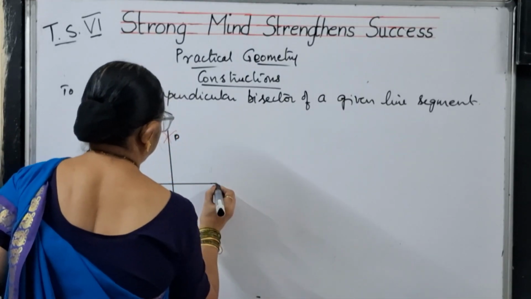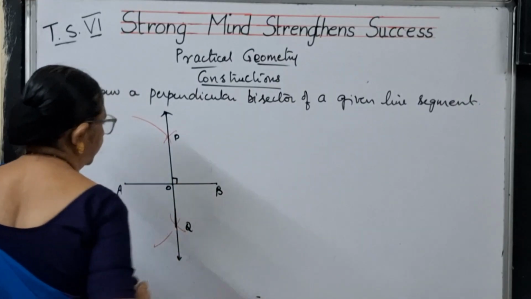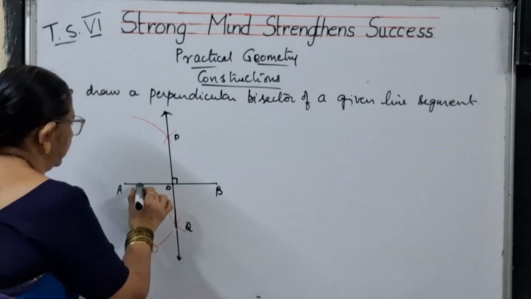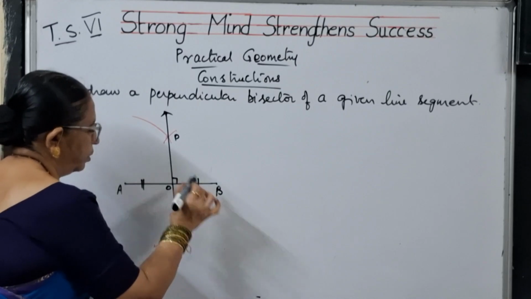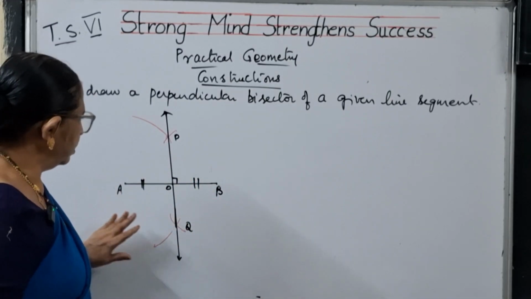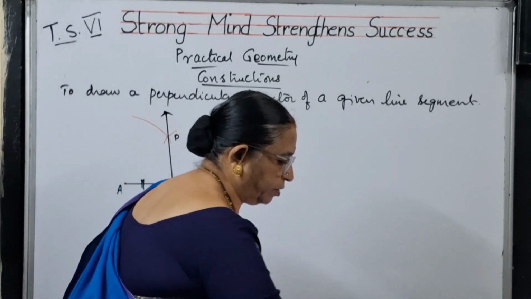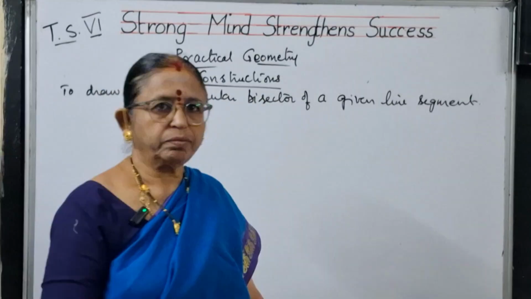This will be the perpendicular bisector. This is O at which it is dividing it into two equal parts. So this is called the perpendicular bisector, construction of perpendicular bisector.